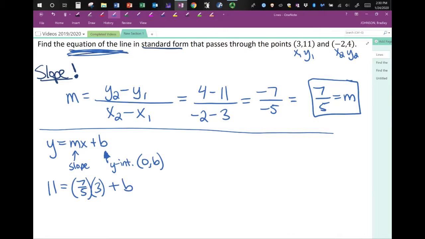You'll get the same value. Now, let's start cleaning this up. Here we have a fraction times 3. Now 3 really is 3 divided by 1. So multiplying fractions, multiply through the numerator, 21, multiply through the denominator, 5. And you have plus b.